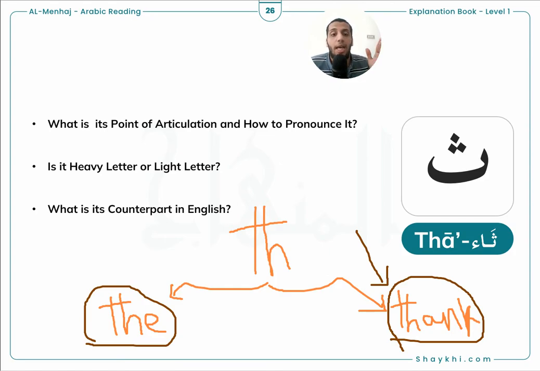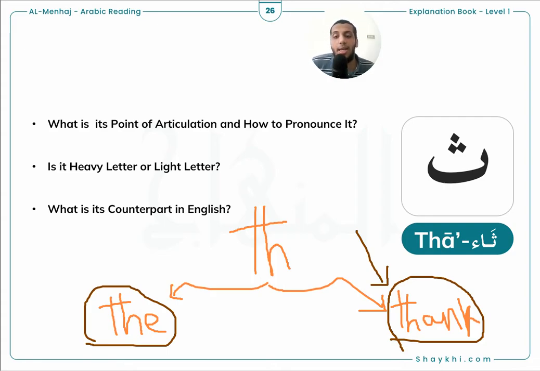Th as in the word thank you. Okay, so this is the counterpart of this letter in English, and we say the counterparts in English as a kind of making it easier for you to pronounce it. So th. Okay, this is the counterpart of this letter.